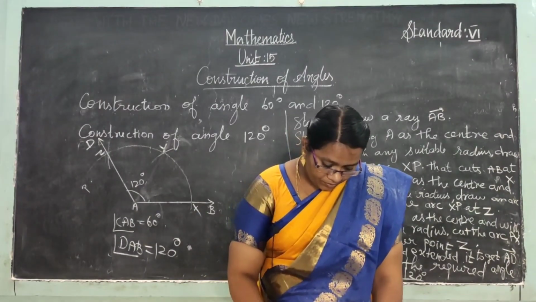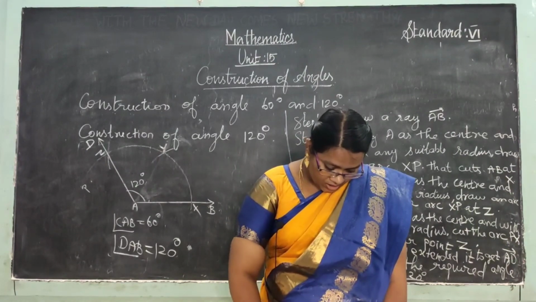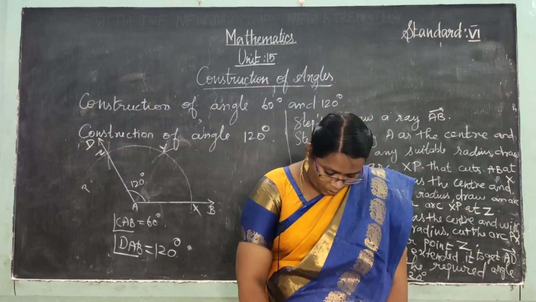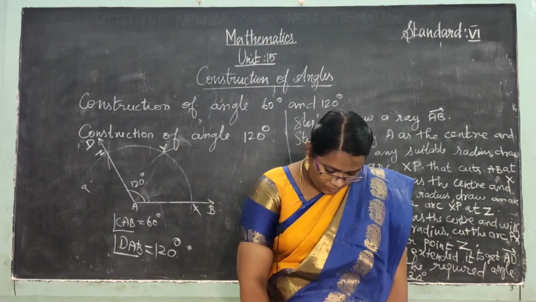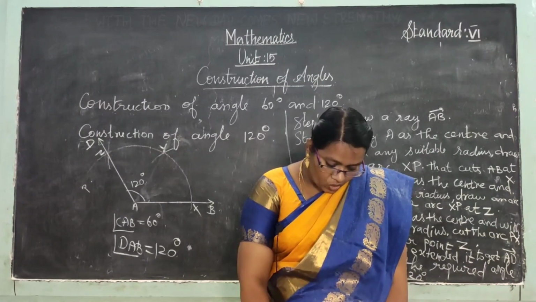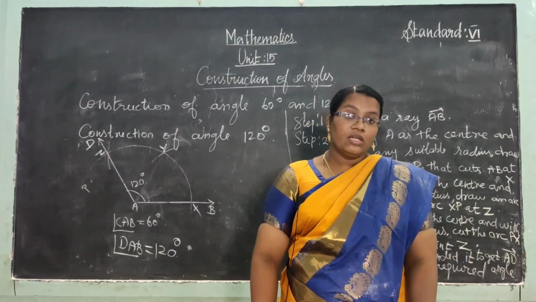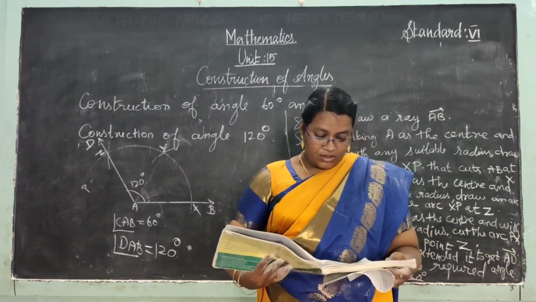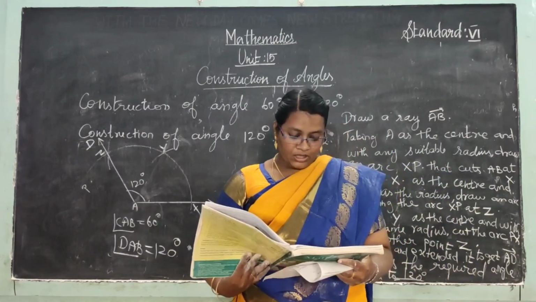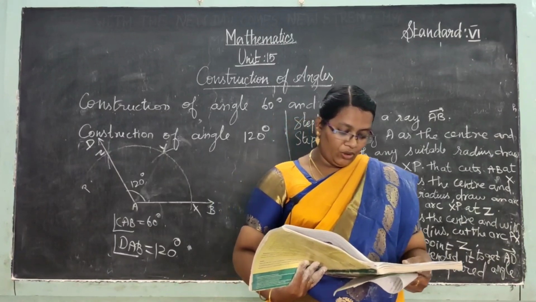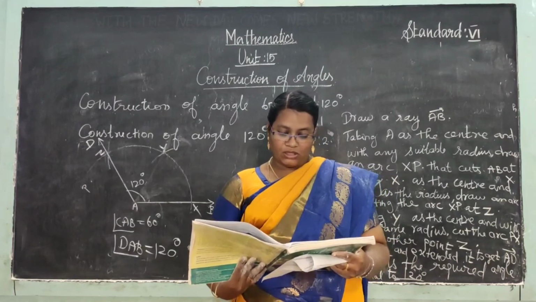The homework, exercise 15.2. First one: draw an angle of 70 degree with the protractor and bisect it using the pair of compass. Next one: draw a line PQ of 5 cm, take a point A on it such that AB is equal to 3 cm.